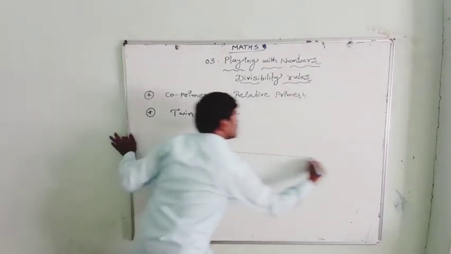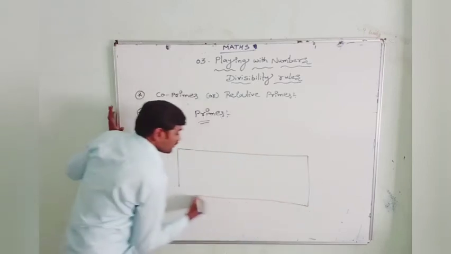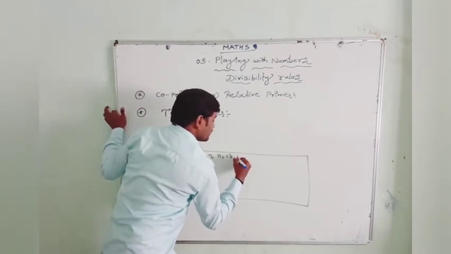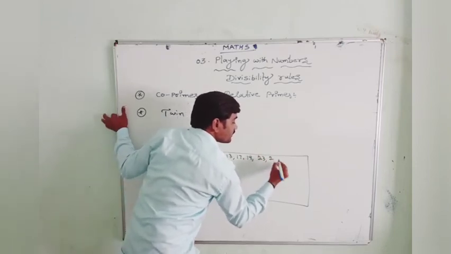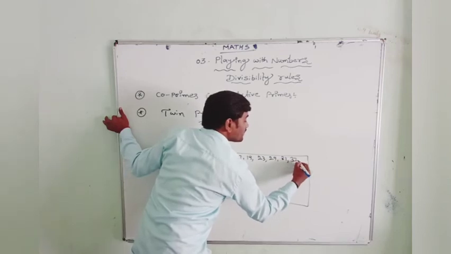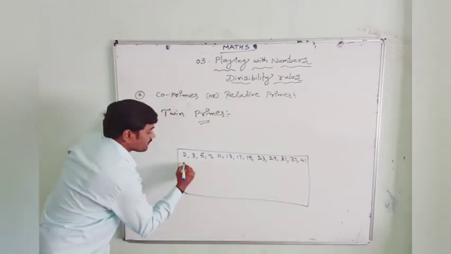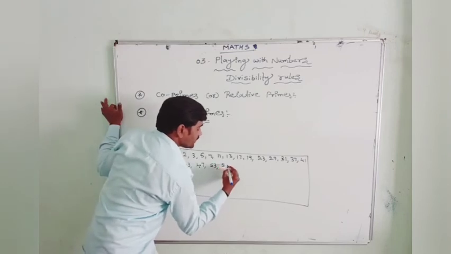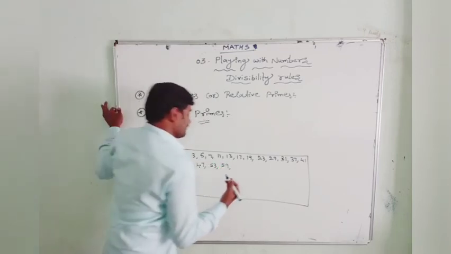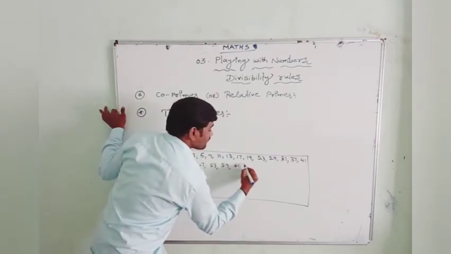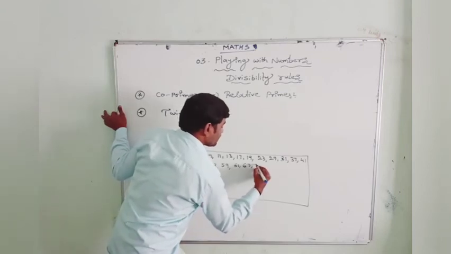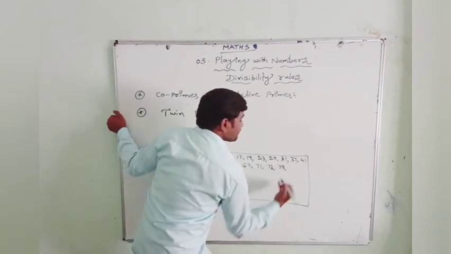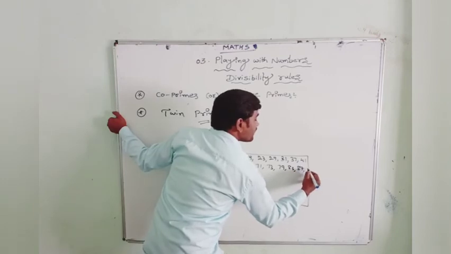So I will write the prime numbers up to 100. See what I am going to write here: 2, 3, 5, 7, 11, 13, 17, 19, 23, 29, 31, 37, 41, 43, 47, 53, 59, 61, 67, 71, 73, 79, 83, 89 and 97.